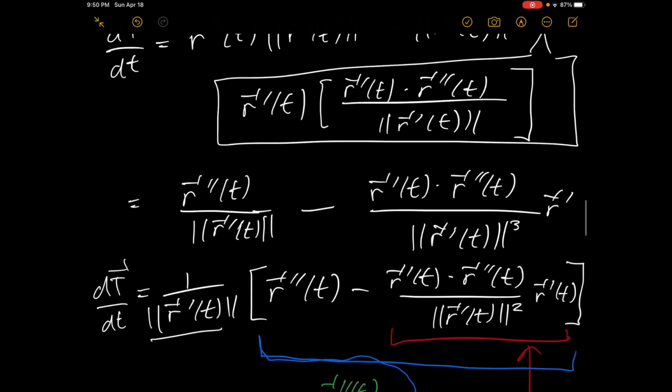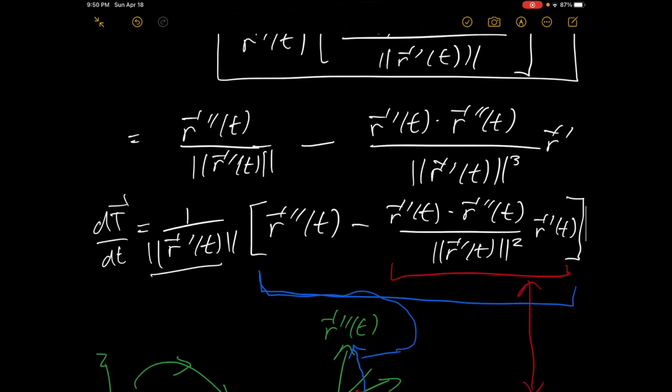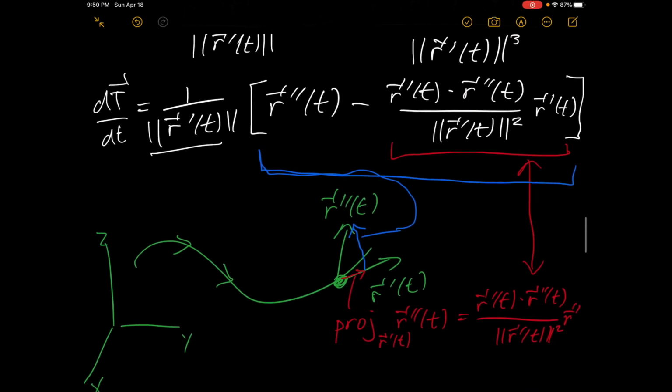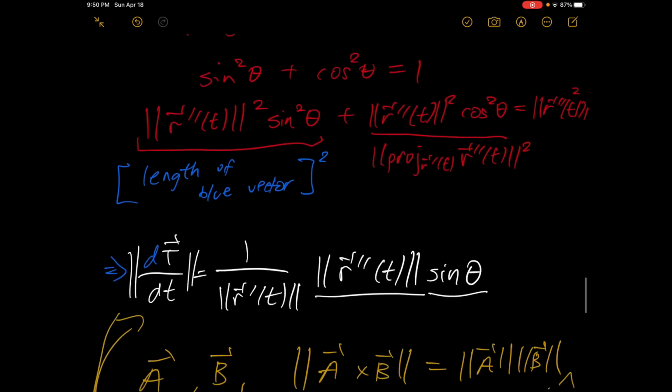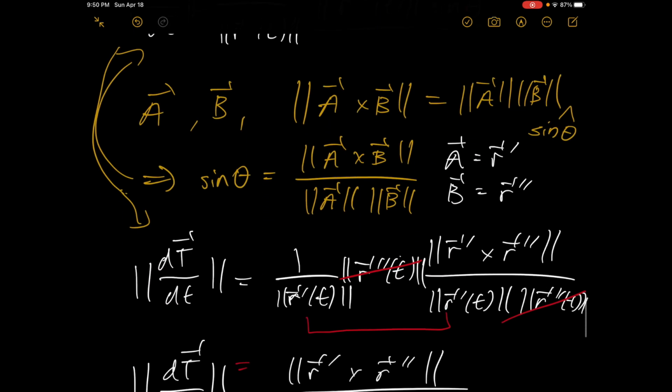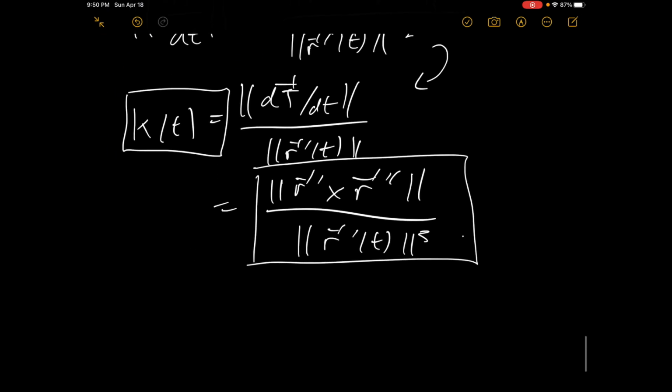And then we ended up with a geometric intuition that the time derivative of the unit tangent vector has some relationship to that blue vector, which is orthogonal to the projection of r double prime of t onto r prime of t. And then we simplified it a little bit, and then we used the length of the cross product to replace it with sine theta. And hence we ended it there.